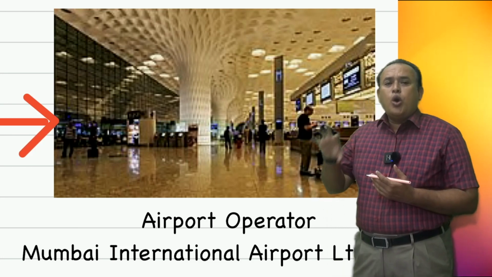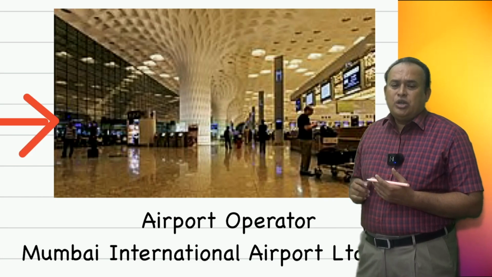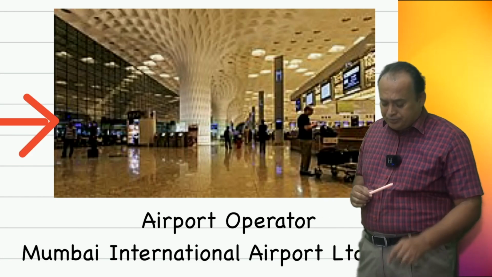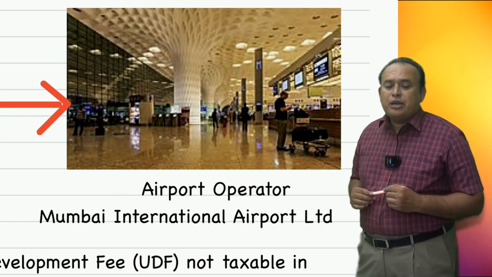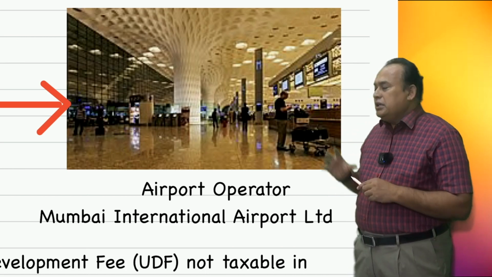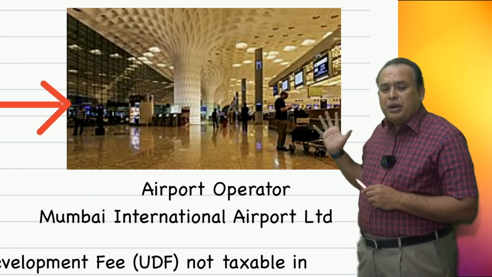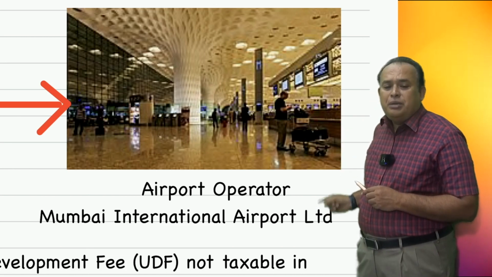It is owned by the airport operator. Who is the airport operator? The airport operator is Mumbai International Airport Limited. One example. This particular Mumbai Airport is owned and operated by Mumbai International Airport Limited.